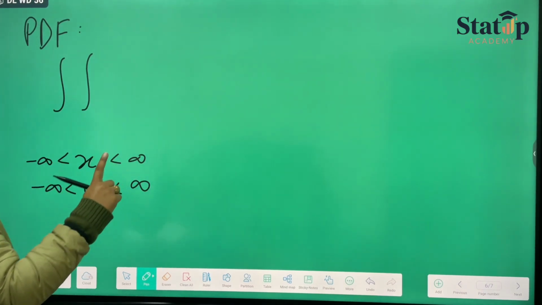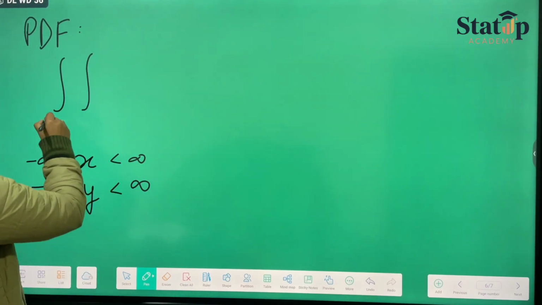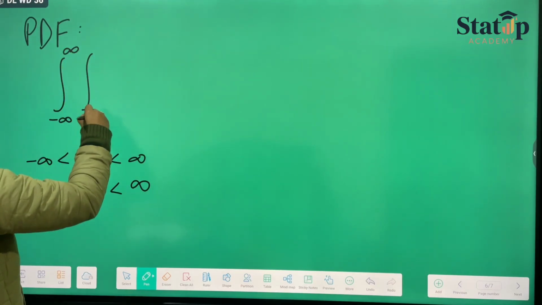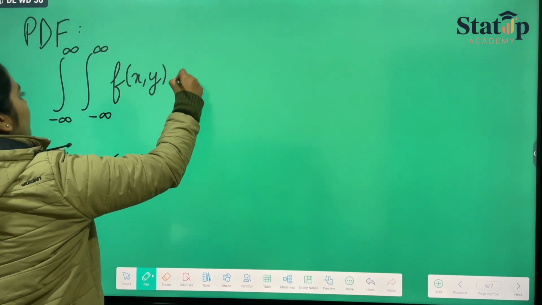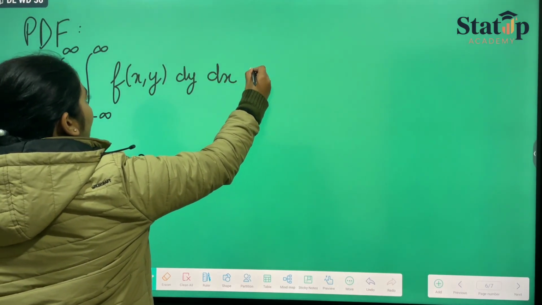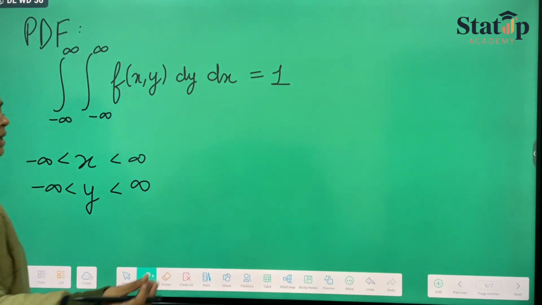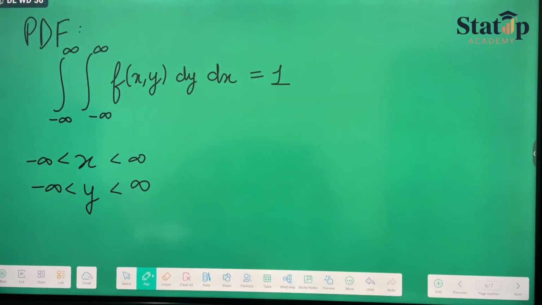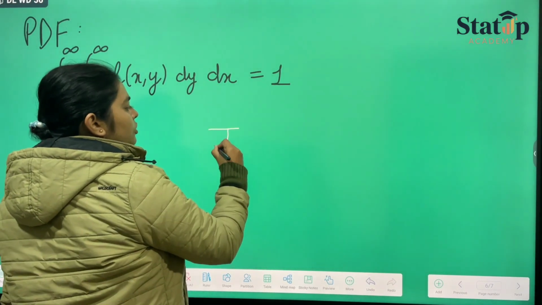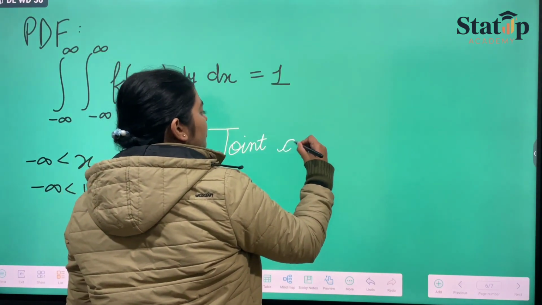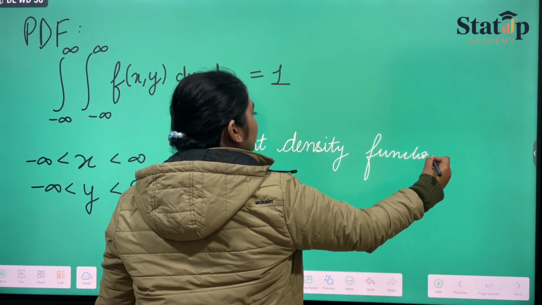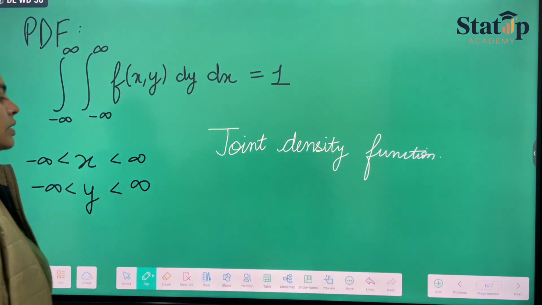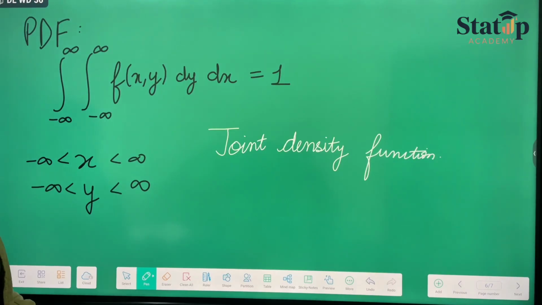Then the joint probability density function of x and y will be the integral from minus infinity to infinity, and minus infinity to infinity, of f of x and y, dy dx, and this must be equal to 1 as stated by our laws. So this is the PDF of bivariate data where two variables x and y are present, and this is known as the joint density function.